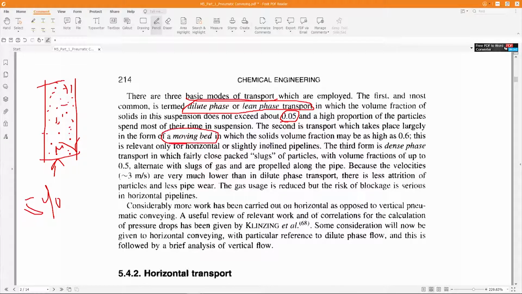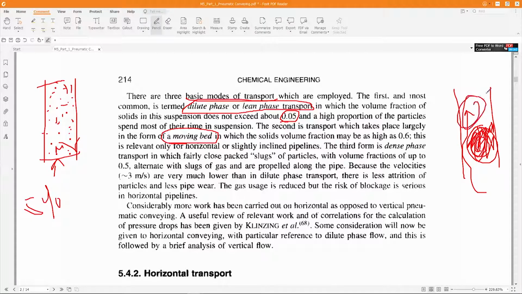And next we have moving bed. It must be very dense. The volume fraction of solid particles will be very high. Let's say some particles have collected over here, air passes through this side, and this whole bed will move.